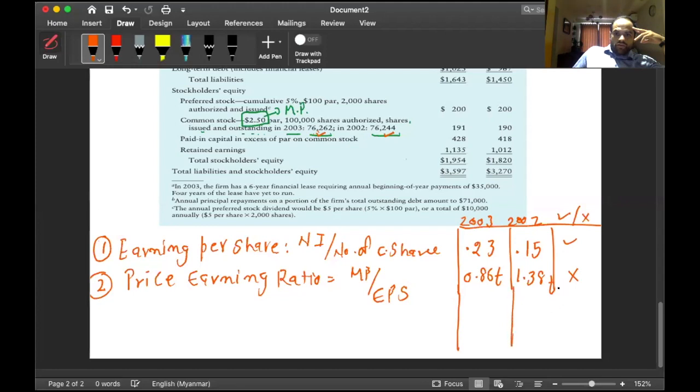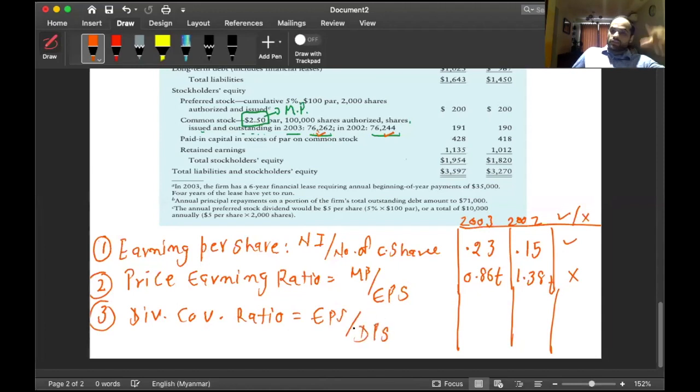So let's move on to the next ratio, which is dividend coverage ratio, or dividend cover ratio. Formula is EPS divided by DPS. You have EPS, you already calculated.